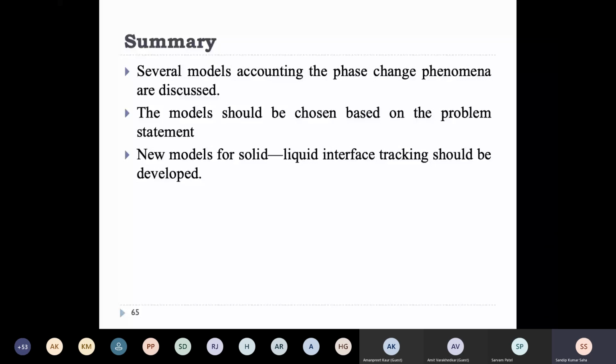You can always develop a new type of model also to track the solid liquid interface. So it is up to you how you will utilize this type of model to analyze the system. When you start analyzing the system, you will understand the difficulty, then you will start developing the model. I hope I stuck to the time.